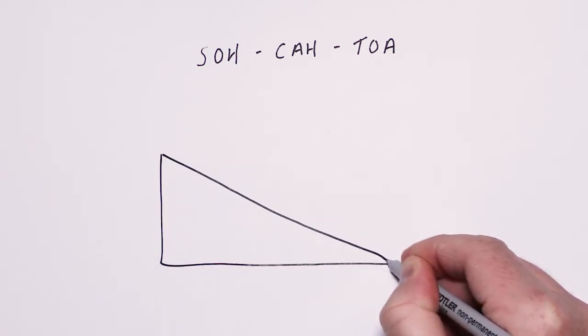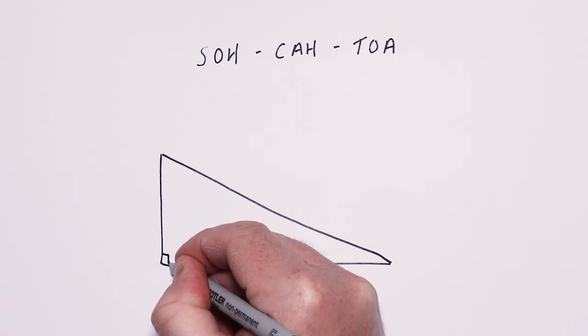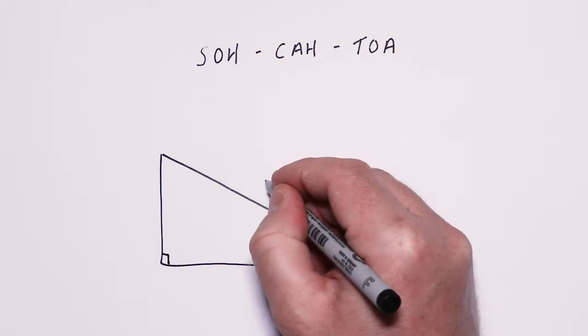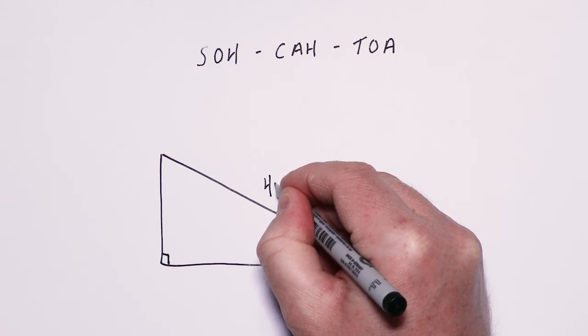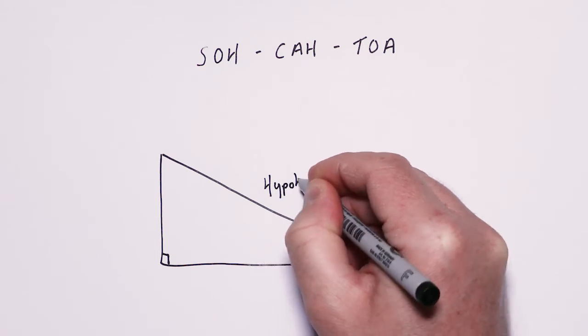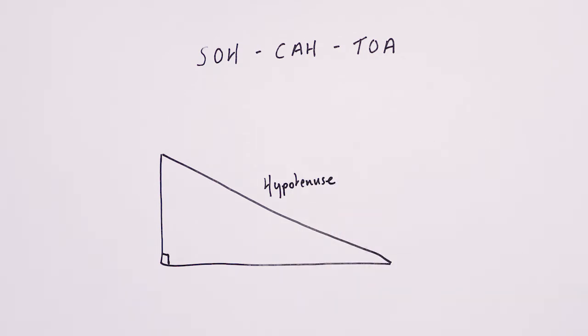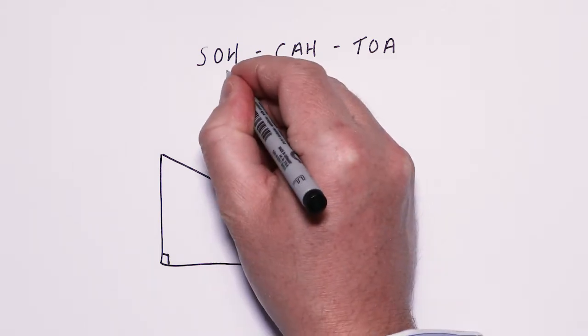Now remember, it's called a right angled triangle because that is 90 degrees. That's your right angle. In every case, the longest side of a right angled triangle is called the hypotenuse. And in Sohcahtoa, the H stands for hypotenuse.